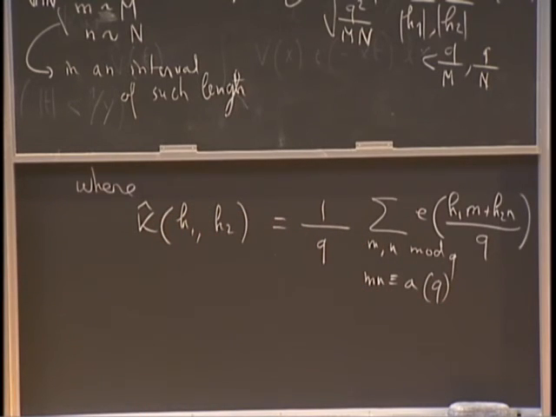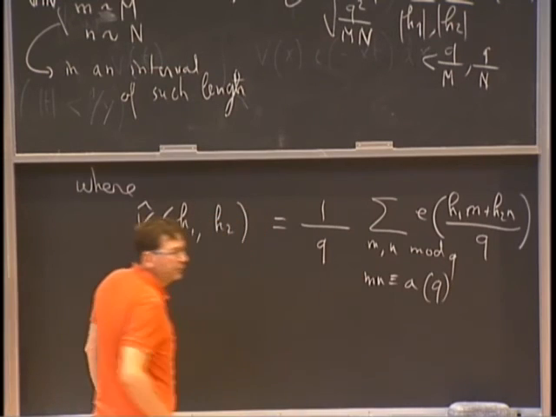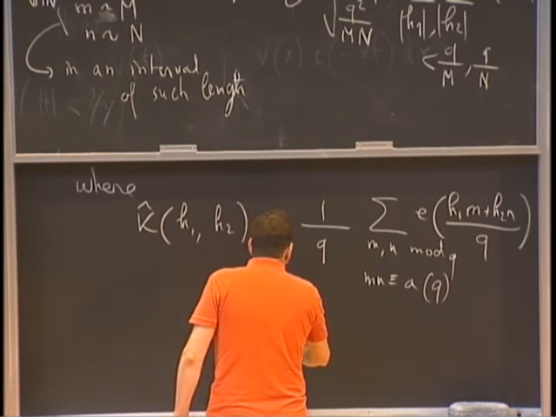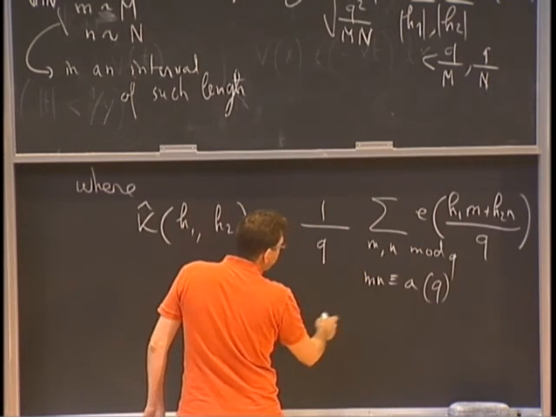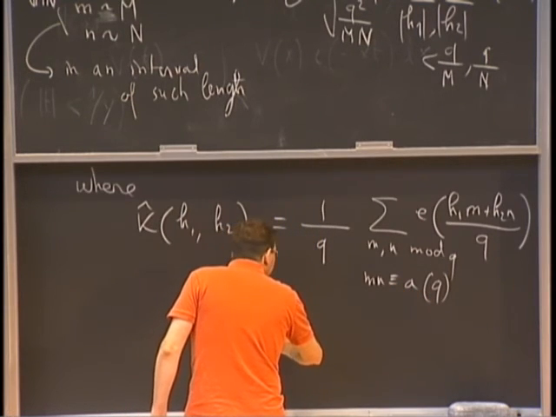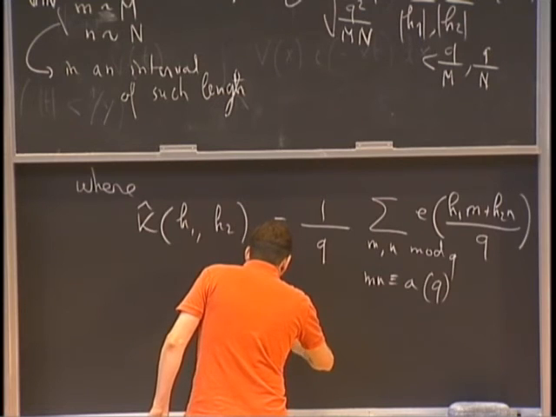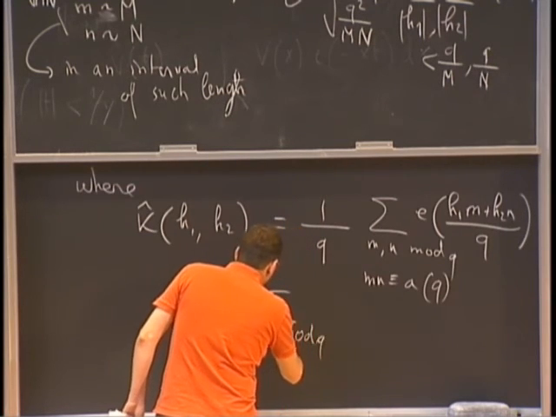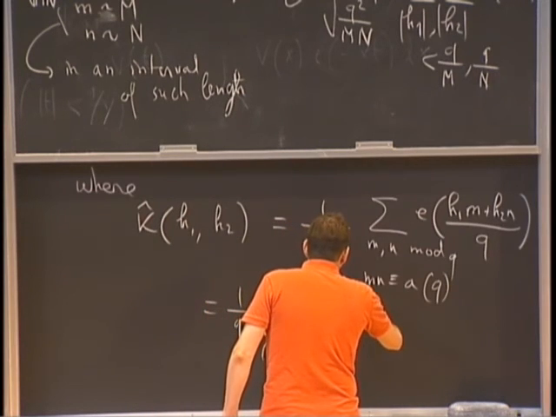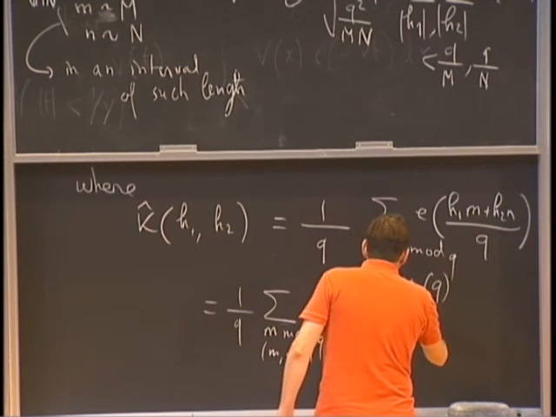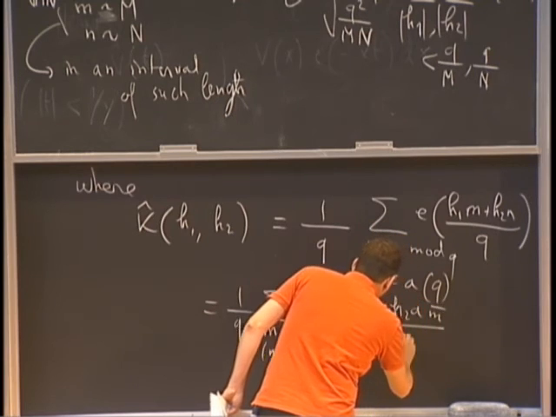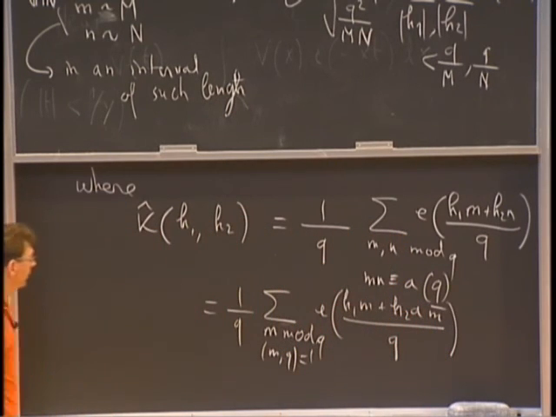Okay, just because k was just the characteristic function of this, which I put as summation condition. So this is 1 over q times the sum. So these two variables, m and n, are not independent because they're both co-prime with q because a is. So I can write, let's say, m mod q. So it's a variable that's co-prime with q. And then I have h1 m plus h2 a. So n is m bar a, where m bar is the inverse of m modulo q, like on Friday.